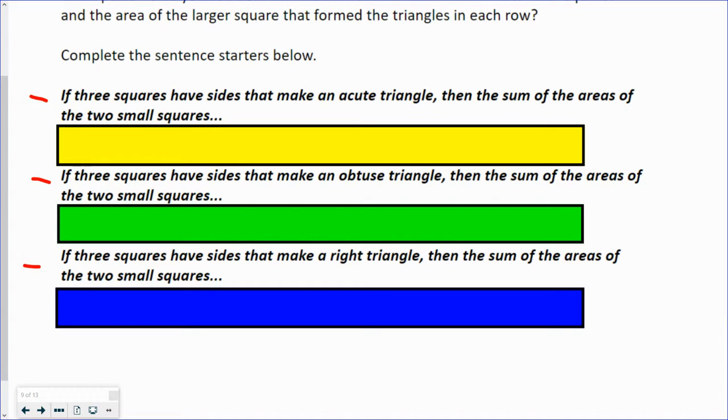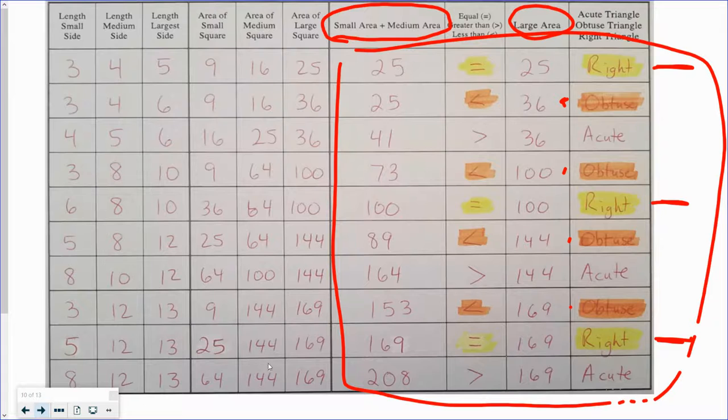Okay, by now you should have paused, you should have written, and hopefully you saw some connections. So let's focus on acute triangles first, okay? Let's look at the acute triangles, like this one right here, and this one, and this one. What do you notice about the sum of the areas of the smaller squares and the total? If you look carefully, do you see it?